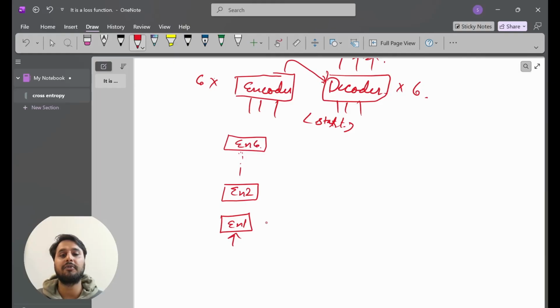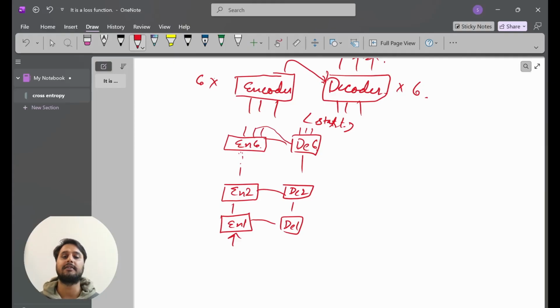This is our input. Similarly, decoder 1, decoder 2, up to decoder 6. These are connected, and it gives us the output.